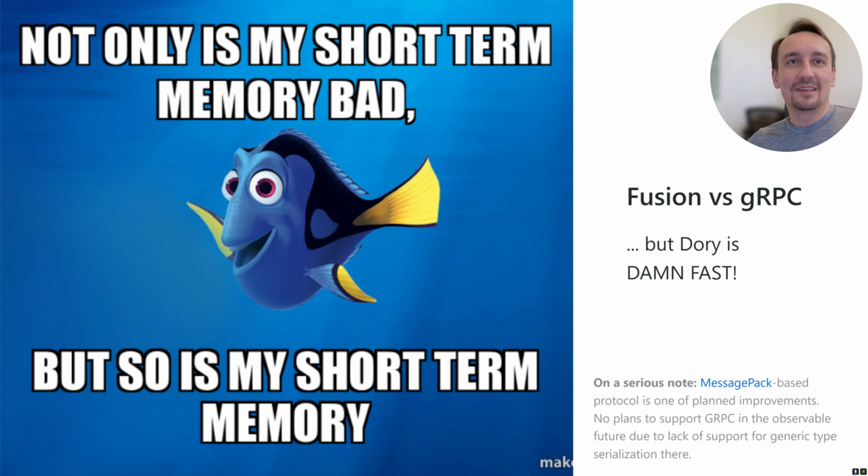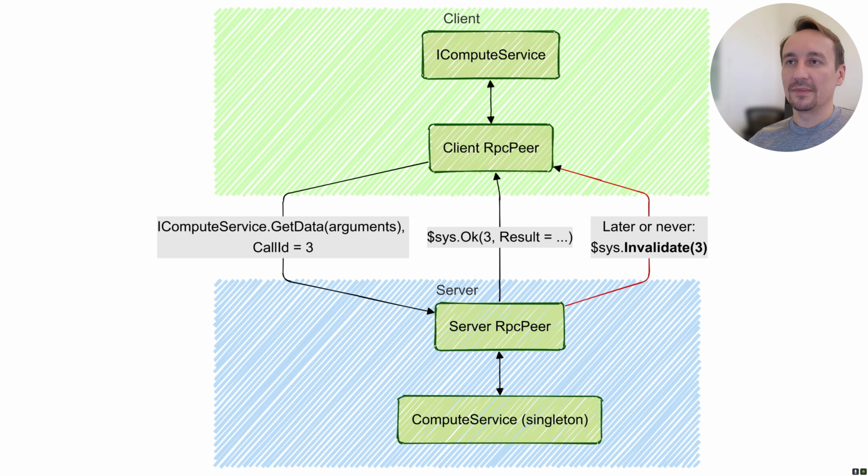The special ability that Fusion has is that it eliminates network calls, right? And no other protocol has it. So that's why I think Fusion was a more interesting choice than, for example, gRPC, even before all of that. But all of this changed nearly a year ago.